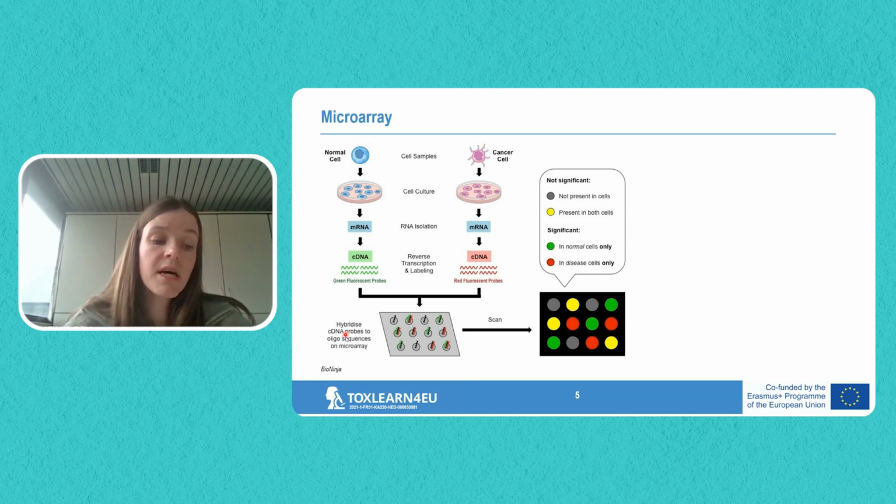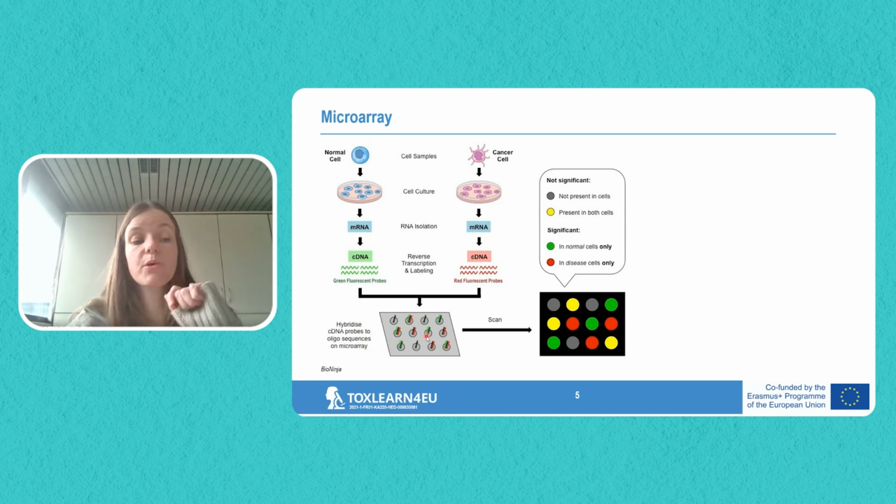Subsequently, these cDNA probes are hybridized to a chip that you can see here, which contains so-called oligosequences. These oligosequences are complementary to a sequence of specific RNA targets, so specific genes of which you want to measure the expression. After this hybridization, the chip will then be scanned, and each of these spots on a chip corresponds to one gene. The readout is as follows.